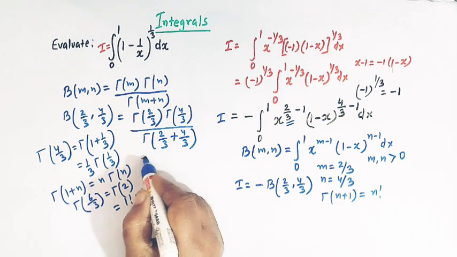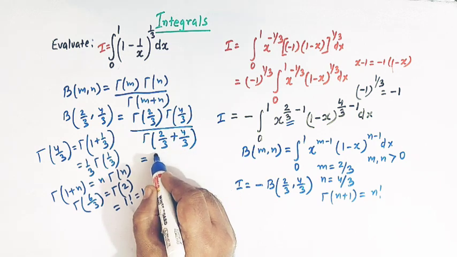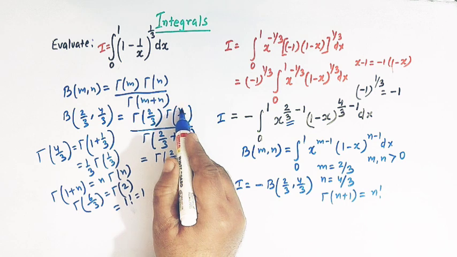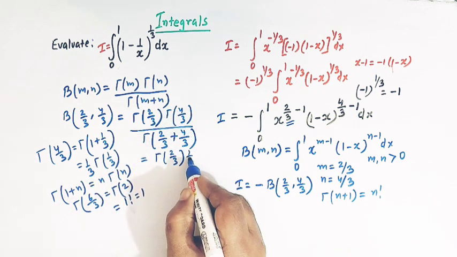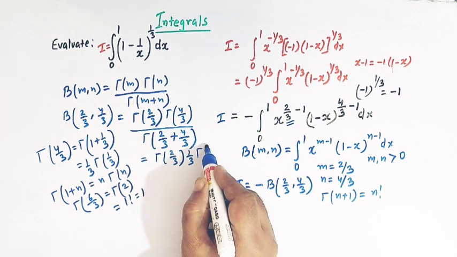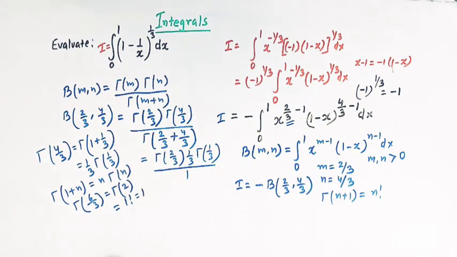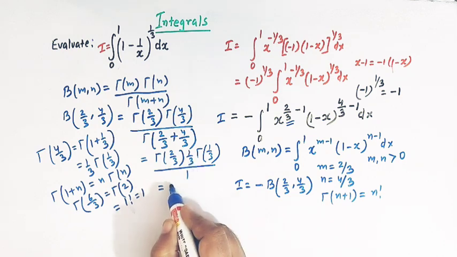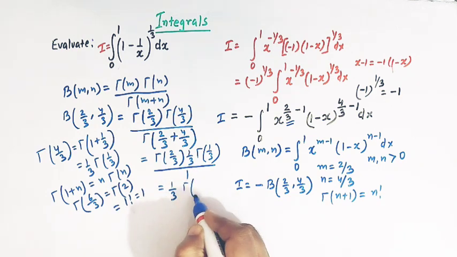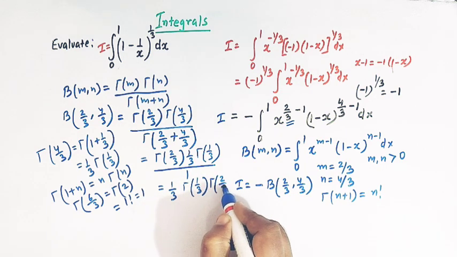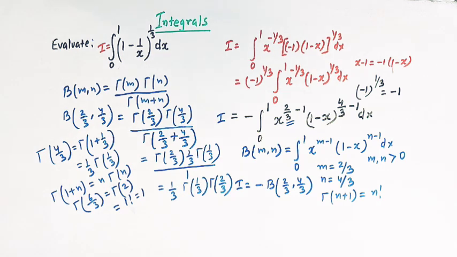Okay, so now this expression reads like this: gamma of 2 by 3 and gamma of 4 by 3 is 1 over 3 then gamma of 1 over 3, and in the denominator we have 1, right? So now it can be written as 1 over 3 times gamma of 1 over 3 and gamma of 2 over 3, right?